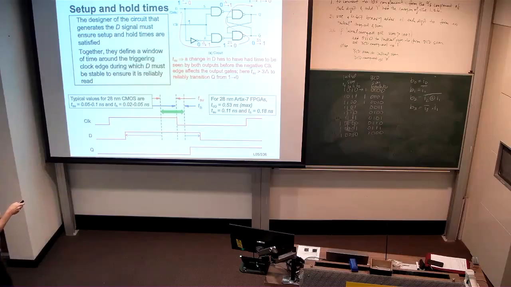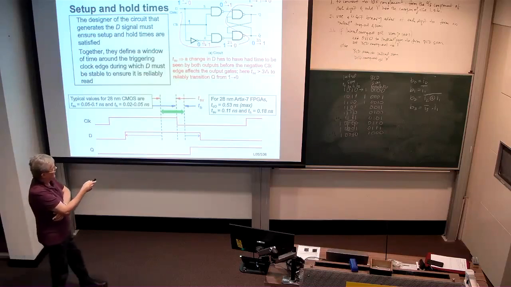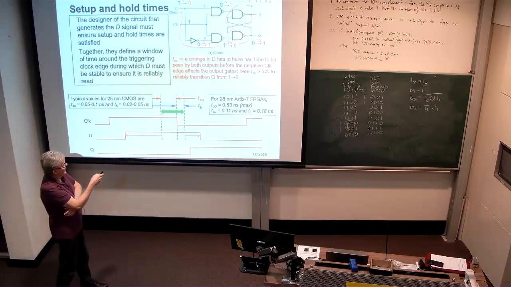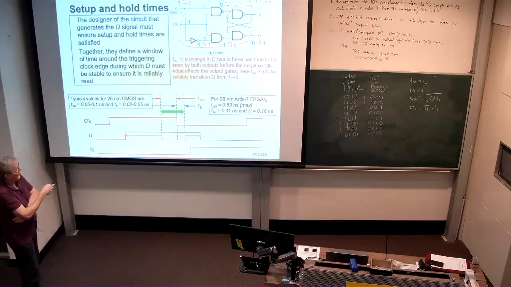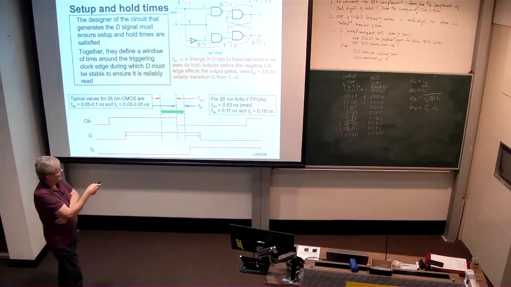As a consequence of this guy going to 1, the output of this NAND gate is forced to 1 at 2 delta time, but it's already at 1, so we don't really even see that change. But what we also see as a consequence of the R wire going to 1, with the clock being 1, is that the output of this NAND gate has to go to 0 at 2 delta time. Okay? And as a consequence of this wire going to 0, this NAND gate has to go to 1 at 3 delta time.